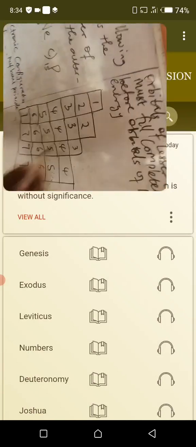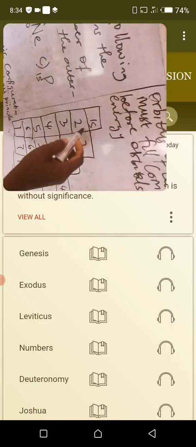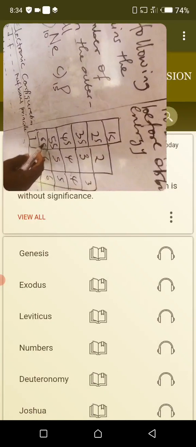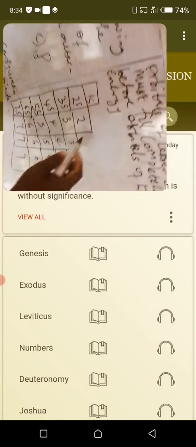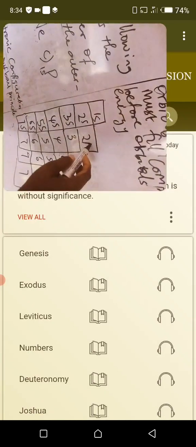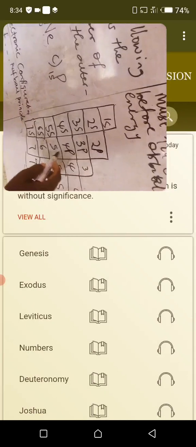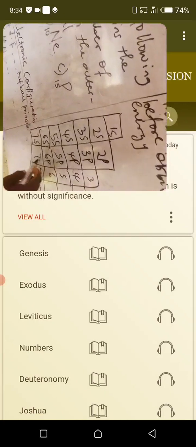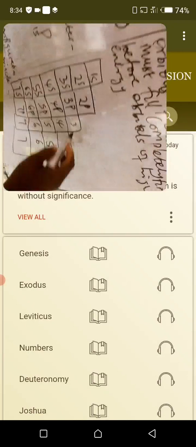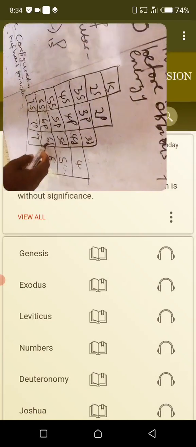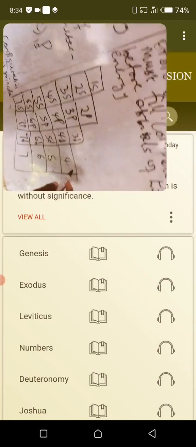Alright, if you have done that, all the first column, put an S throughout. The second row, put P throughout. To the third, put D. And to the last, put F.